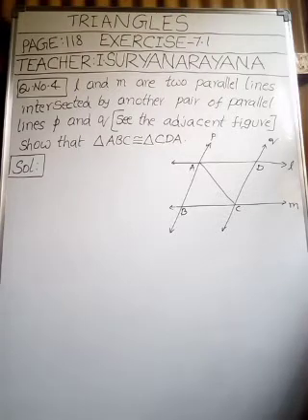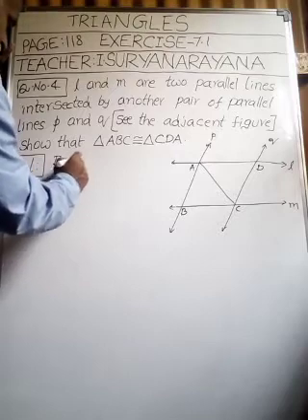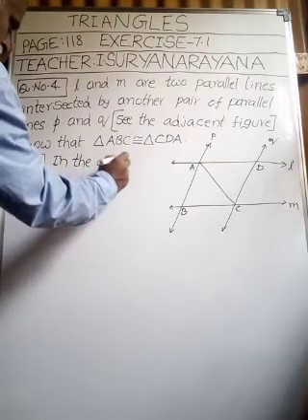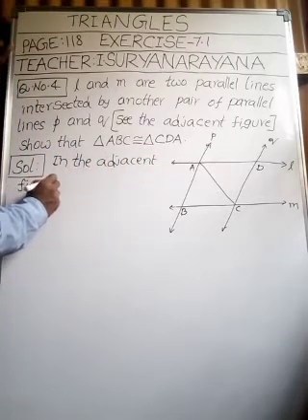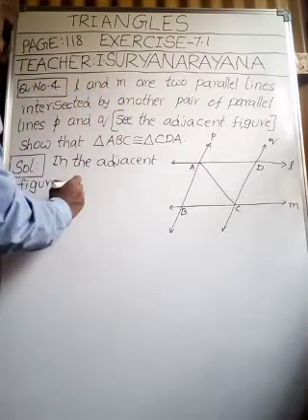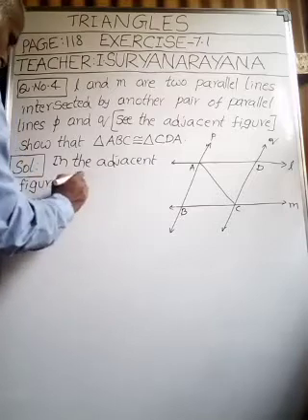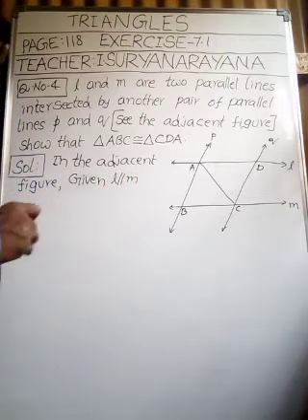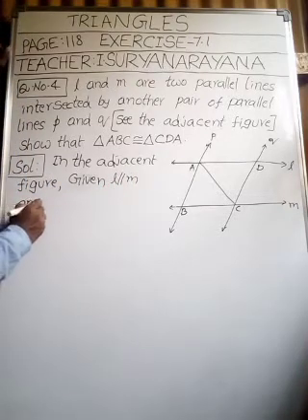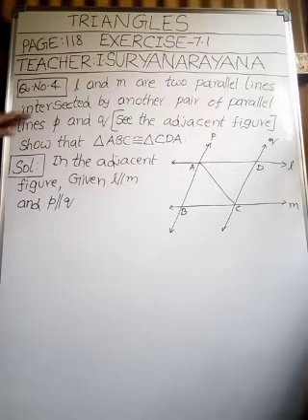Right. First, let us write the given data. What is given here? In the adjacent figure, L and M. L is parallel to M, given, and the lines P and Q are also parallel.